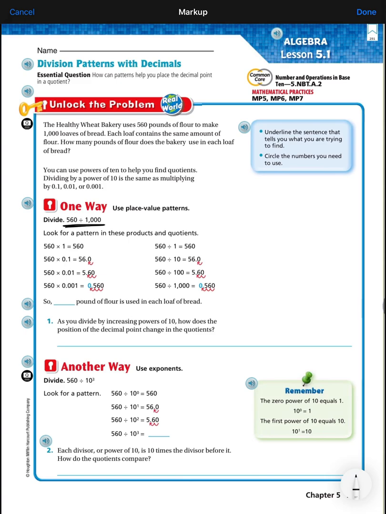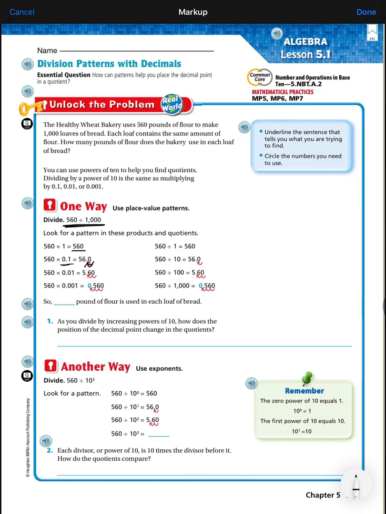So it's saying 560 divided by 1,000. Okay, so we're going to look at the patterns first. Then we're going to be moving our decimal point around and figuring this out. Okay, so we have 560 multiplied by 1, which is just 560. Okay, we have 560 multiplied by 1/10.